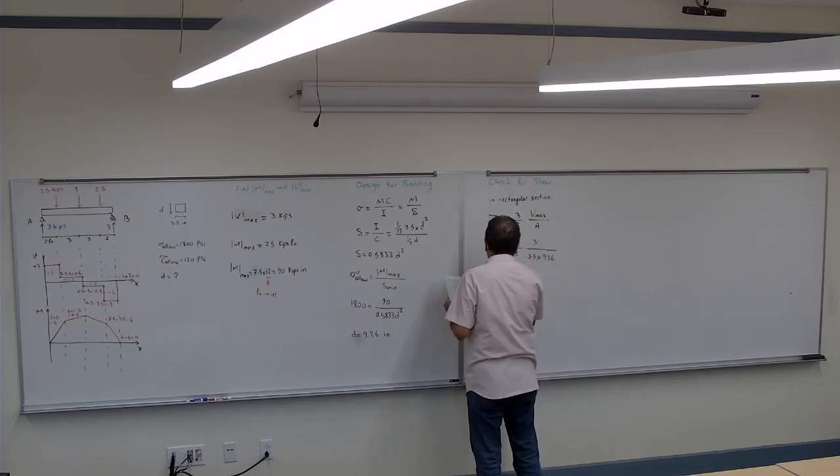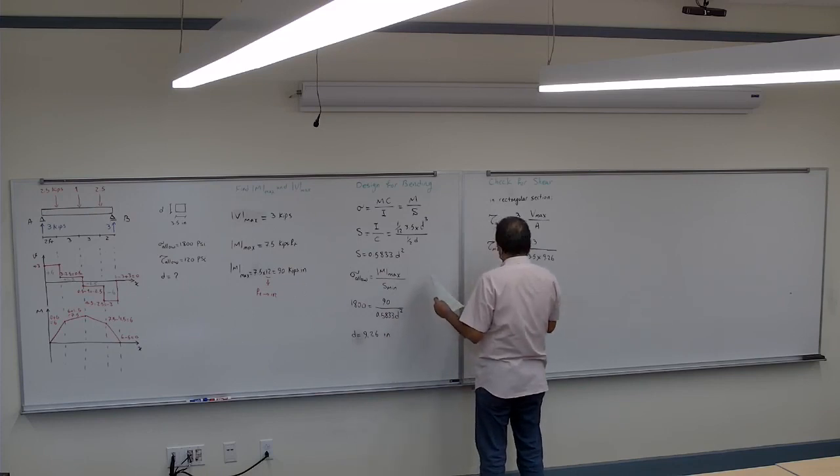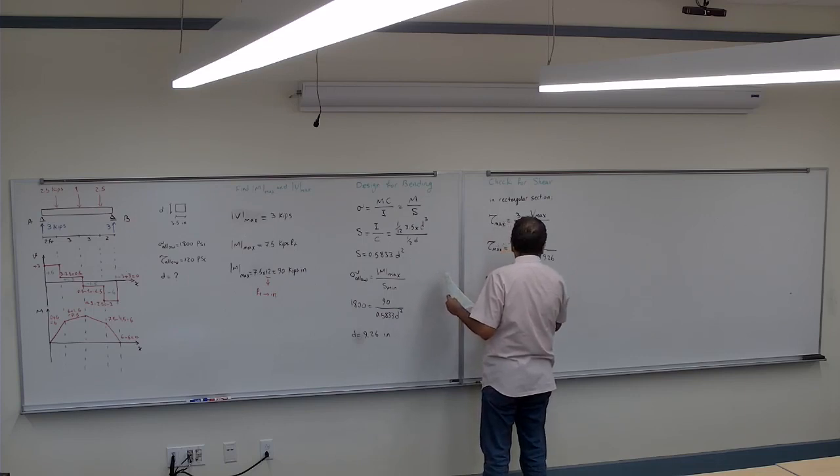So the tau max would become equal to 138.8 psi.